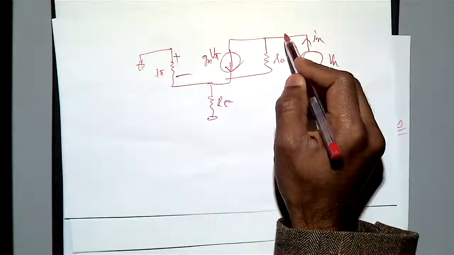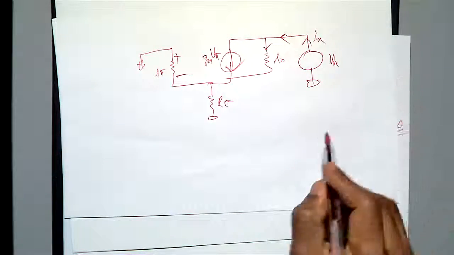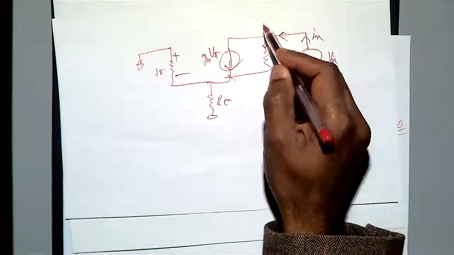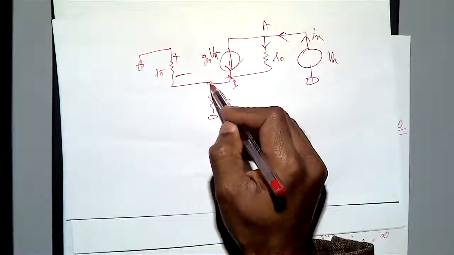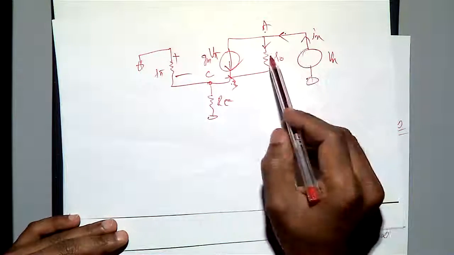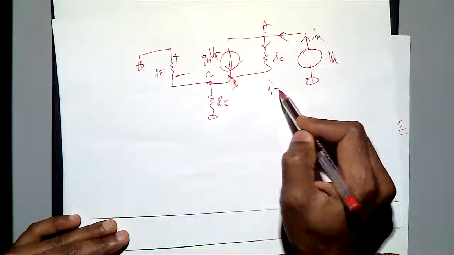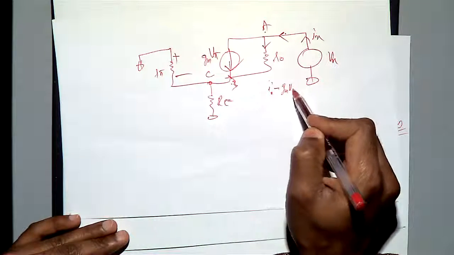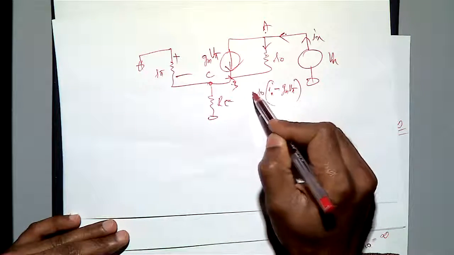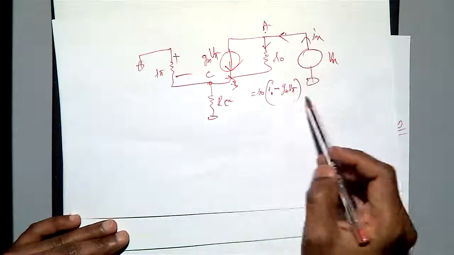Then Ix is coming here, so what is the current flowing through Ro? This is A, this is B, and this is C. What is the voltage between A and B? Or before that, what is the current through Ro? It will become Ix minus gm into V pi, into Ro. That is the voltage across this one, because Ix minus gm V pi flows through it.